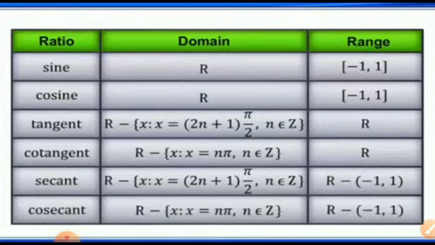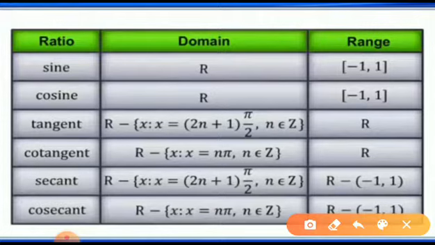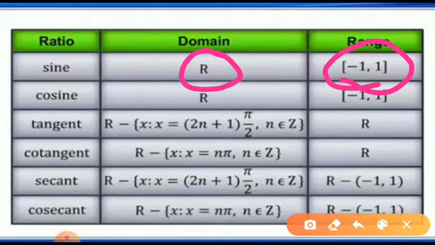Now in +1 you studied the domain and range of the trigonometric functions. Hope you remember it all. See, what was the domain of sine? Sine was defined on the real numbers, and the range was -1 to 1.